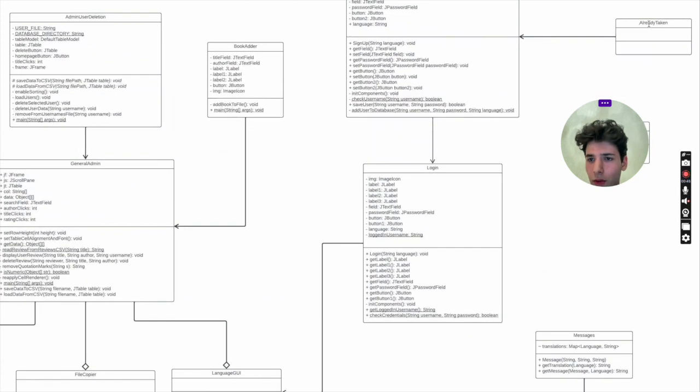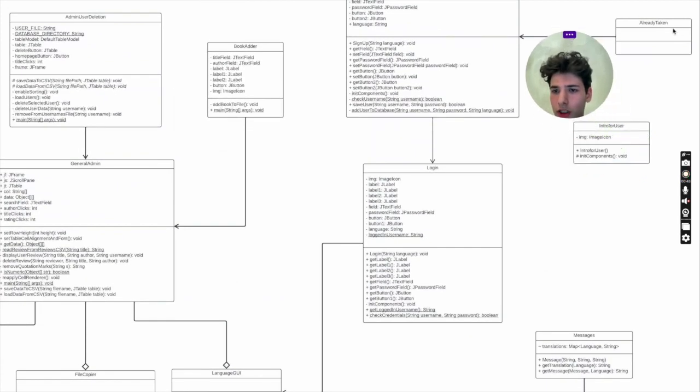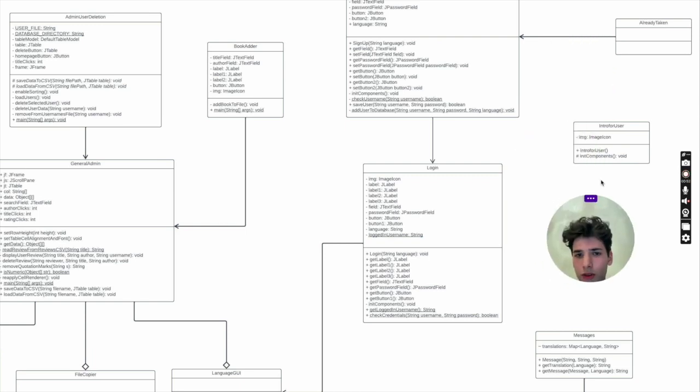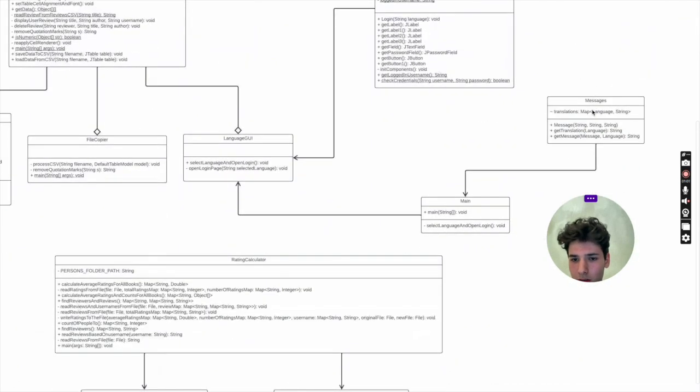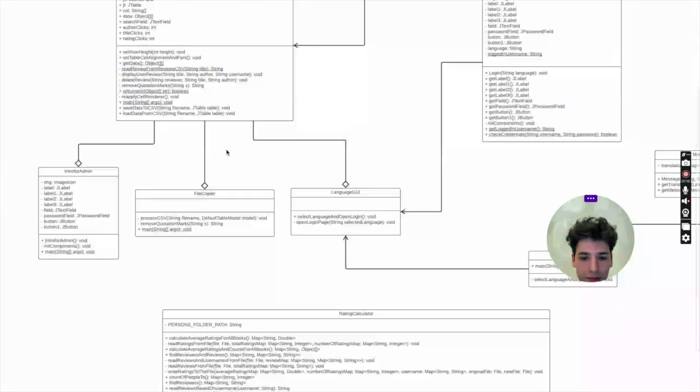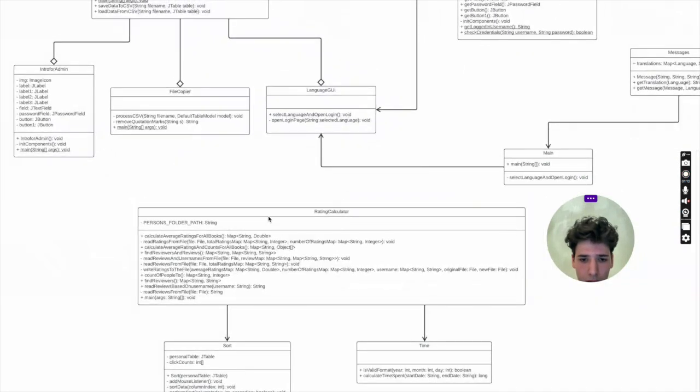And also we have already taken, which is basically the exception for not having the same accounts. Then we have messages, which has an association with main, and language, which ends up with an association with language GUI. We also have our rating calculator, which has associations with both sort and time.